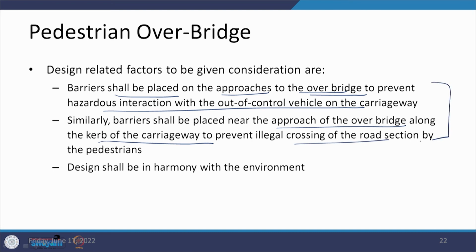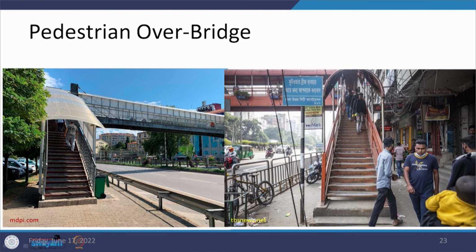So, there are two things associated with the barriers here, and the design shall be in harmony with the environment. Now, let us look at this barrier provided at this side. If the traffic is coming from this direction, then you can go up in this form. This helps so that any vehicle which goes out of control just hits here and goes back.